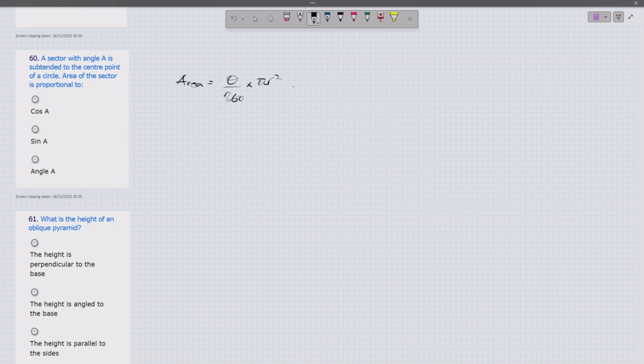In this instance the angle is A, so area equals A over 360 times pi r squared. So area is directly proportional to angle A.